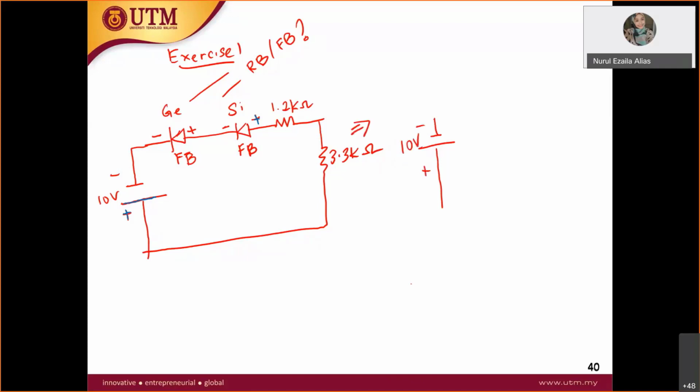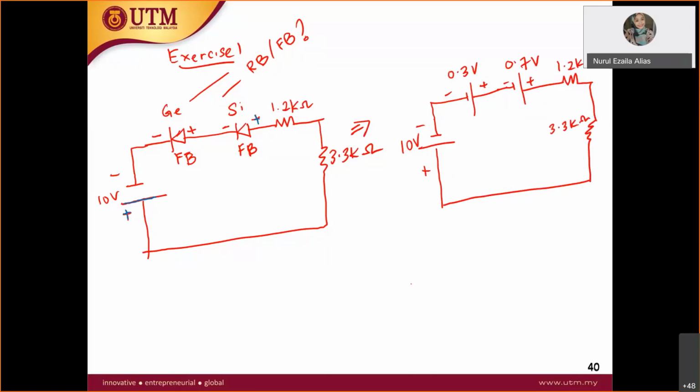Then you have negative, plus here, so you know that germanium is 0.3 volt. Then silicon negative, plus, you know that here is 0.7 volt, and then you have a resistor here and a resistor here. This is 1.2k ohm, and this is 3.3k ohm.